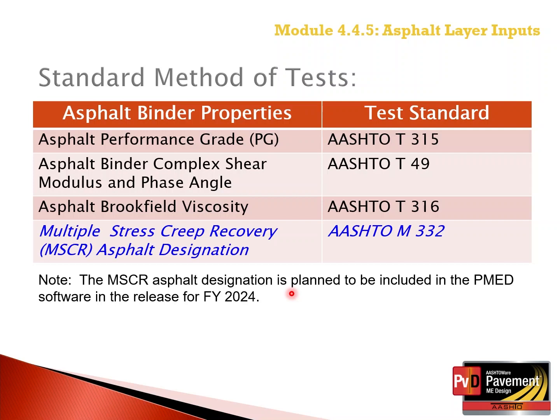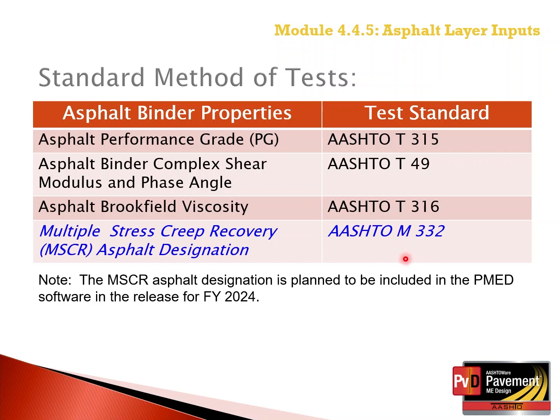The multiple stress creep recovery designation or specification is planned to be included in the PMED's version that will be released for fiscal year 2024 or in July 2024. So the multiple stress creep recovery asphalt designation should be applicable for use in the version released in July 2024.